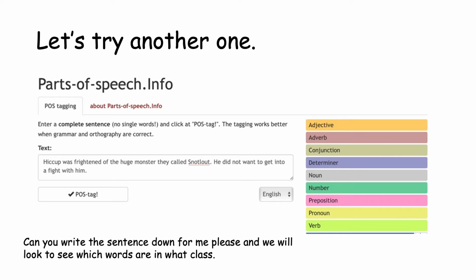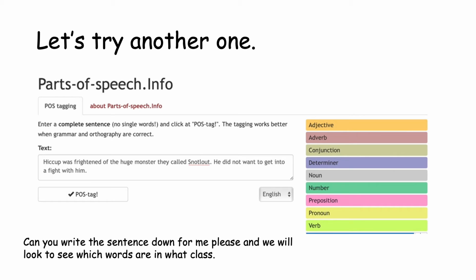Of the huge monster. Of is the preposition. The is the determiner. Huge monster. So what kind of word is huge? It is the adjective, and the monster is a noun. They are the pronouns. Called is the verb. Snotlout is the noun.